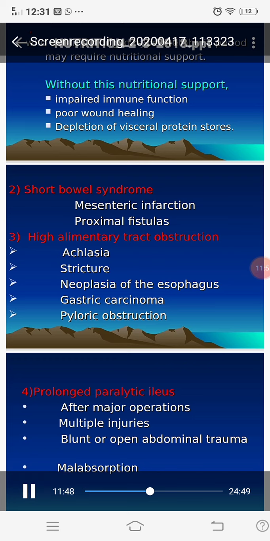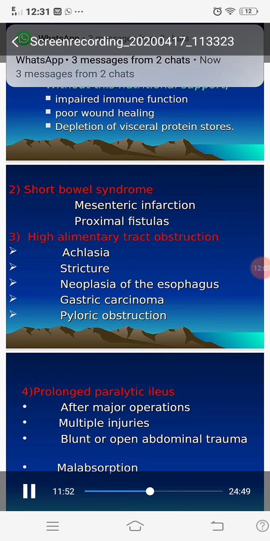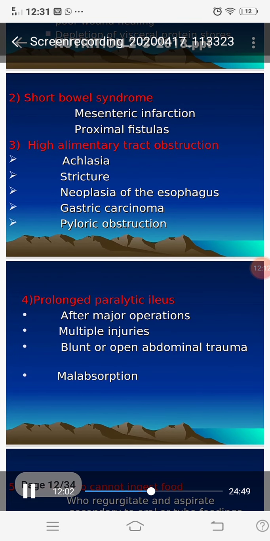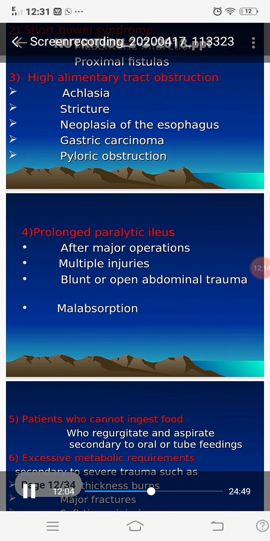Then is the prolonged paralytic ileus. You know what is paralytic ileus? Ileus means stoppage of the gut motility, which occurs mostly after major surgical procedure in which there is gut handling, multiple injuries, blunt or open abdominal trauma, and the malabsorption.